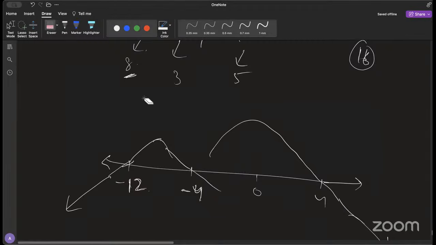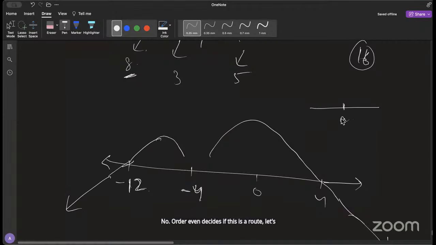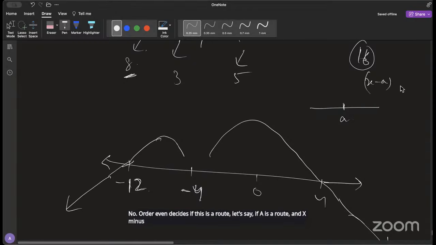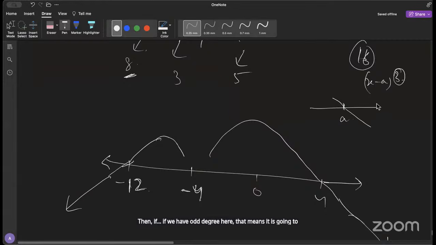Ma'am, if it is even, does odd or even decide whether it goes into the positive or negative? No, odd and even decides how the graph behaves at a root. Let's say a is a root and you have a factor (x minus a) cubed. If we have an odd degree here, it is going to cross the x-axis.